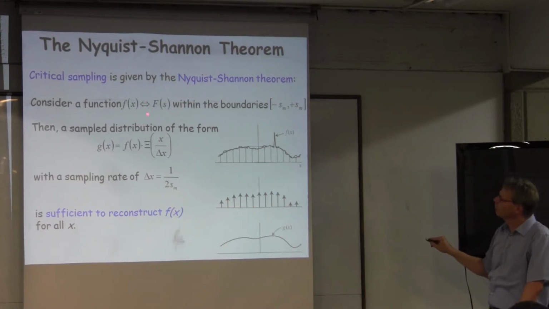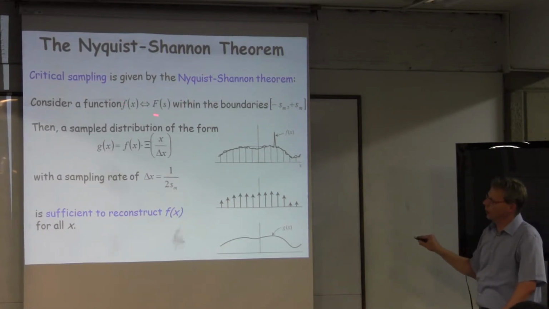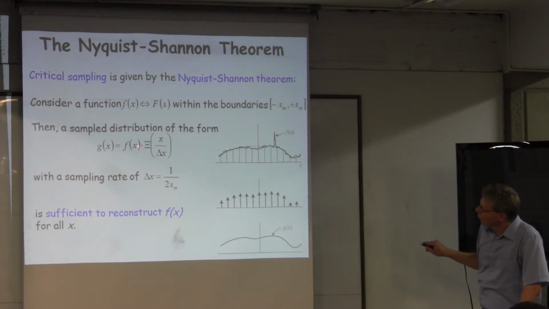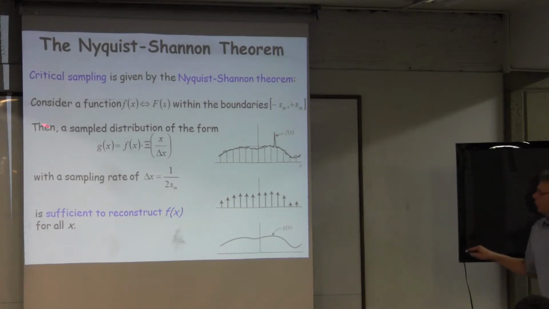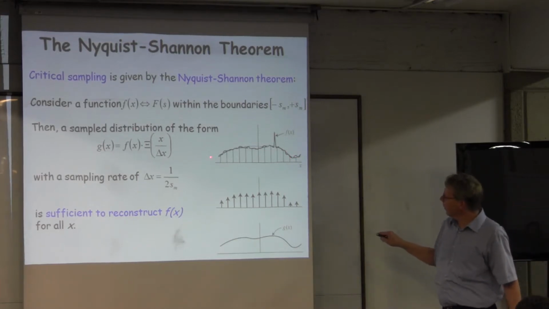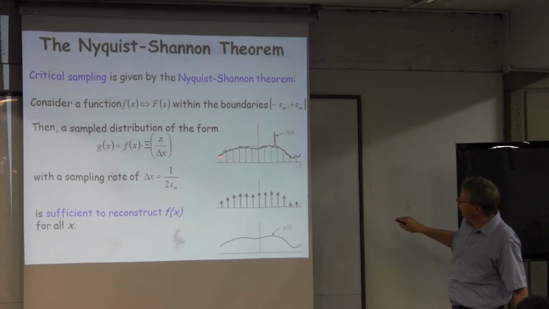Consider a function f of x, with a Fourier pair, capital F of s, and then sample it. This is our function, this is our sampling function, like before, the little arrows, theoretical, whatever. And what we measure is g of x. In this case, the solid line here is the function that we measure.